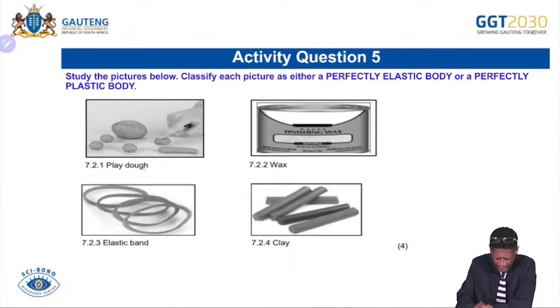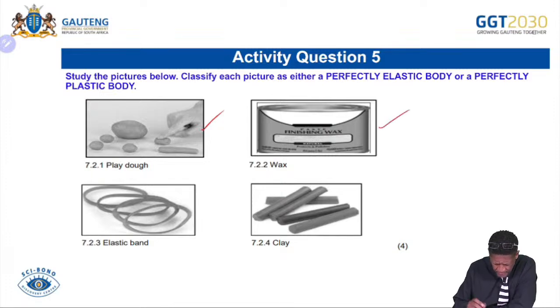If you press the plate dough from the original, it won't go back to its original. This is a perfect plastic. The wax, if you bend it or toss it in a fire like a candle, would it go back to its original? No.